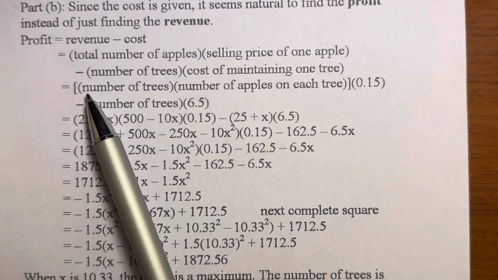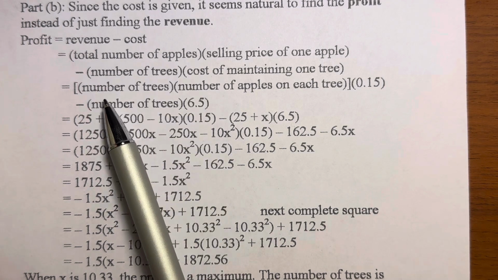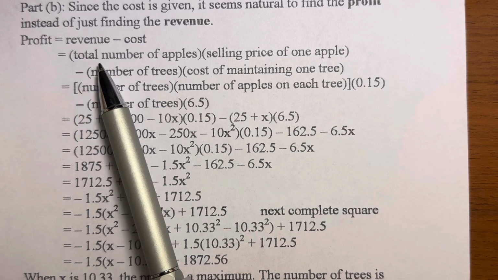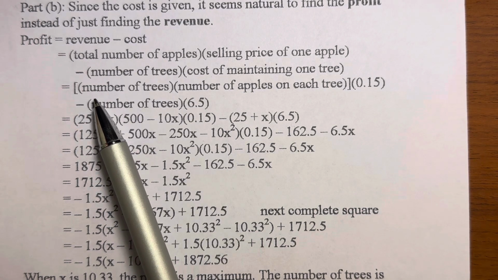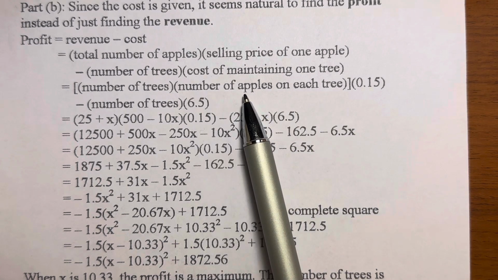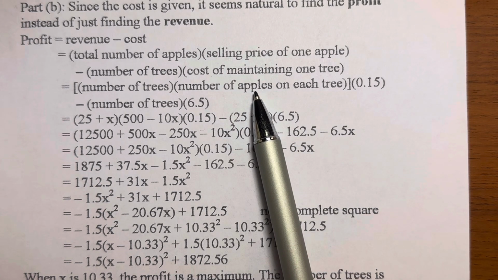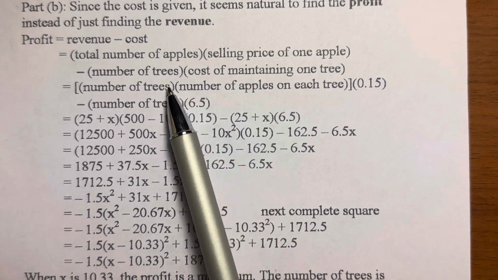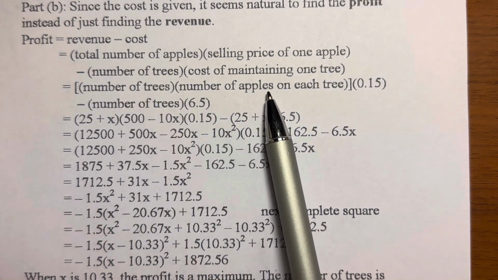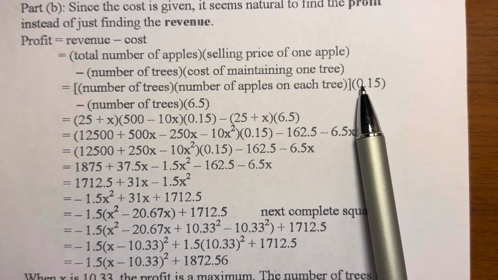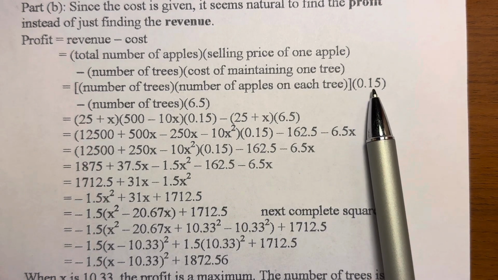Continue. The number of apples. How do you find the number of apples? It's the number of trees multiplied by how many apples each tree yields, and you get the total number of apples. And the selling price is given in the question. It's 15 cents.